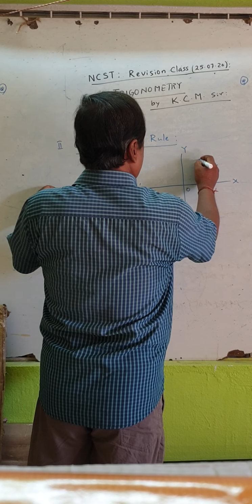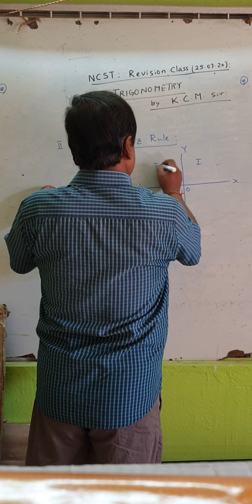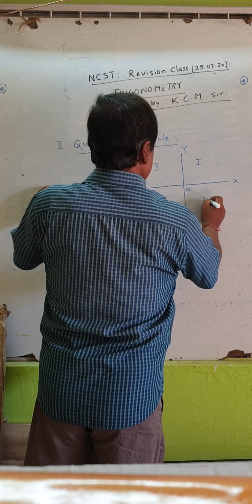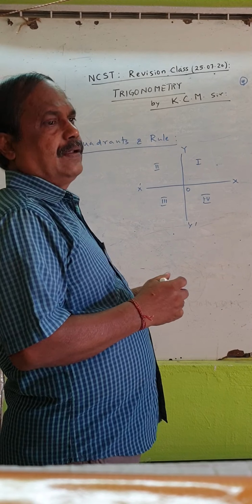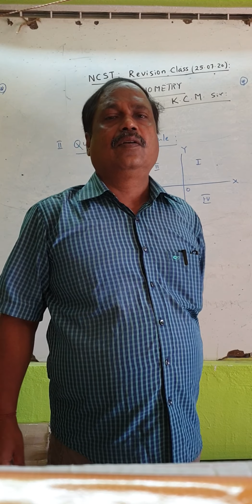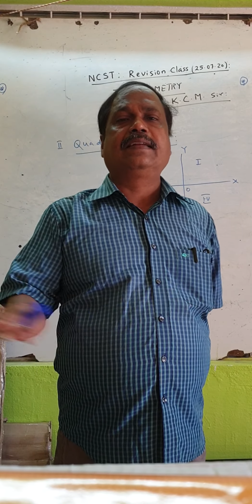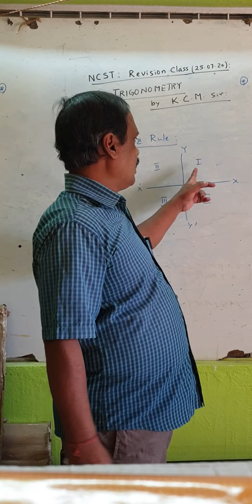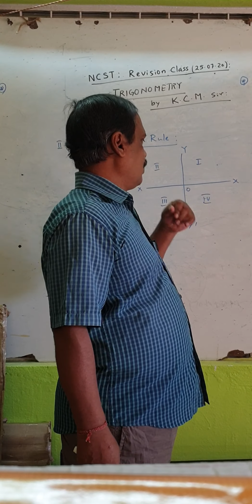Actually XOY is your first quadrant, this is your second quadrant, this is your third quadrant, this is your fourth quadrant. Already you have read your analytical geometry, where the coordinate plane is divided into 4 quadrants. So here quadrant number 1, quadrant 2, quadrant 3, quadrant 4.